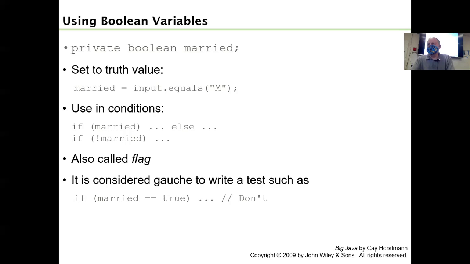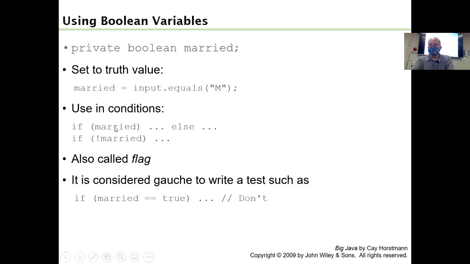It's considered gauche. Gauche. I don't even know how to pronounce that. Gauche. That's how you say it. It's considered gauche to write a test such as if married equal true. Don't do that. That shows that you don't understand Boolean variables very well. If I saw that kind of code from somebody who was applying for a job, I'd go, maybe they don't understand programming very well.